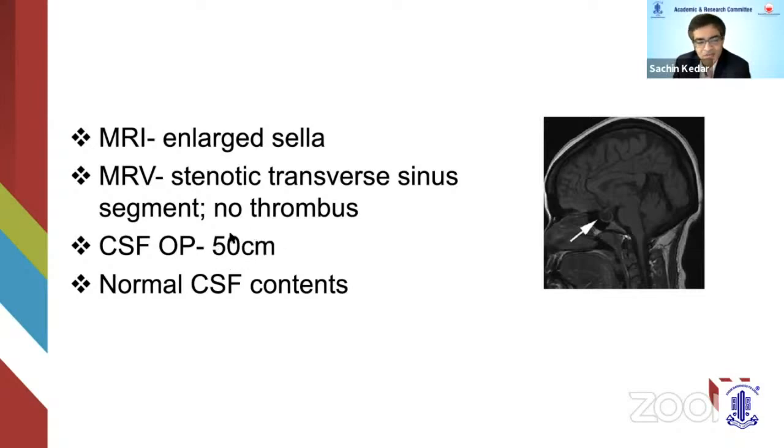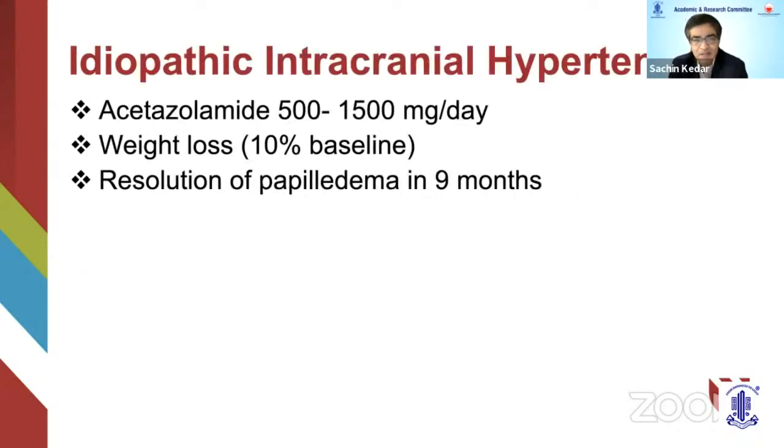Lumbar puncture showed a significant elevation of CSF opening pressure. CSF contents were normal. So she satisfied the criteria for idiopathic intracranial hypertension. She was treated with acetazolamide, and she lost 10% of her body weight by about 8 to 9 months. When I saw her roughly 9 months later, her papilledema was essentially gone.